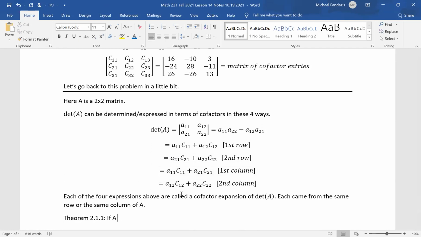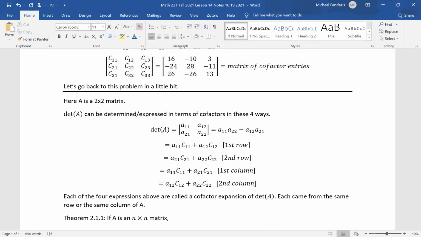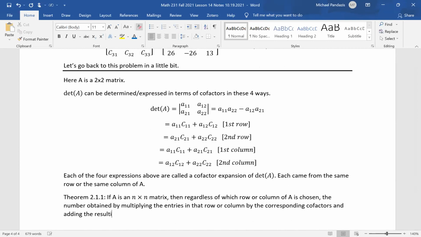It says if capital A is an n by n matrix, then regardless of which row or column of A is chosen, the number obtained by multiplying the entries in that row or column by the corresponding cofactors and adding the resulting products is always the same.